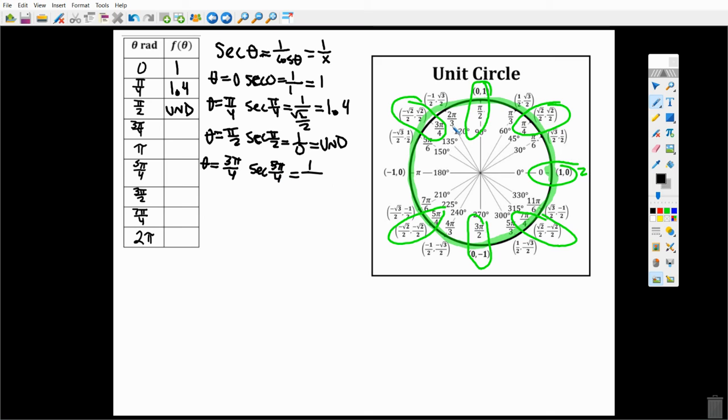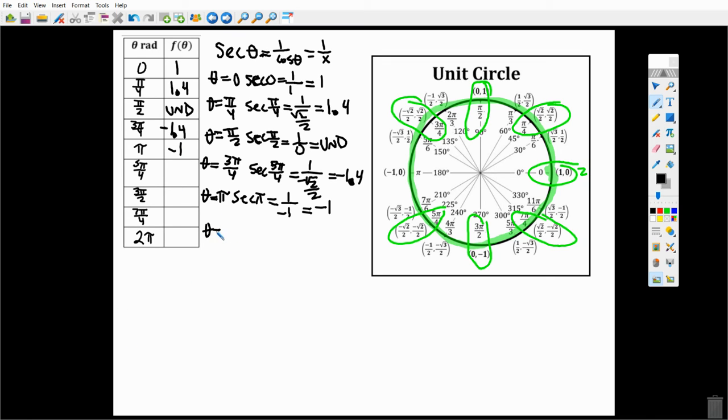That's going to be 1 divided by x, which is negative radical 2 over 2, so that's going to be negative 1.4. All right, and then at pi, secant of pi equals 1 divided by the x value, which is negative 1, so we end up with negative 1 as our answer here.